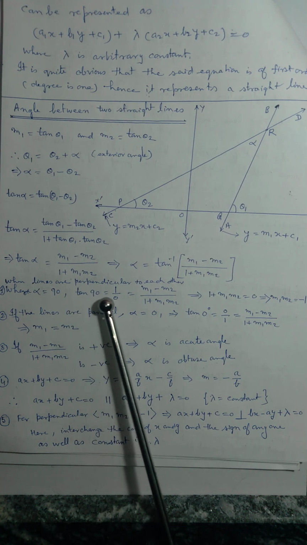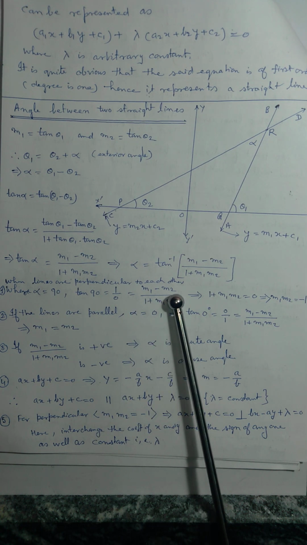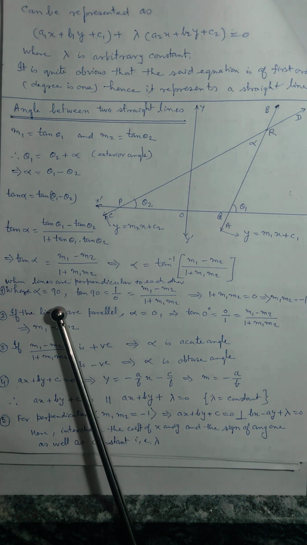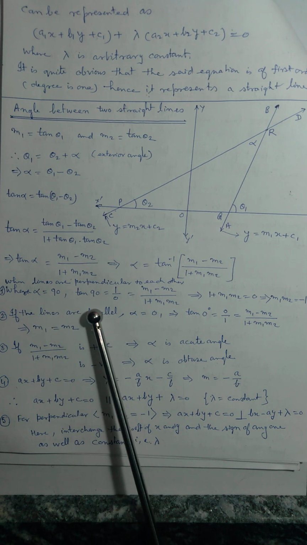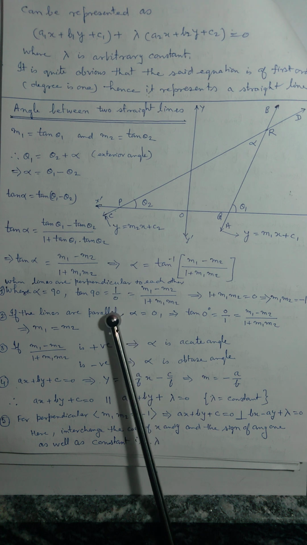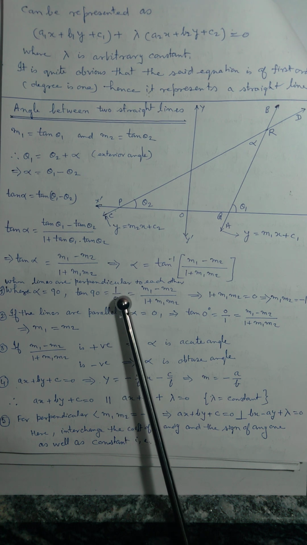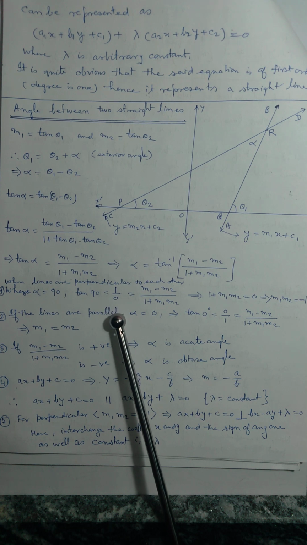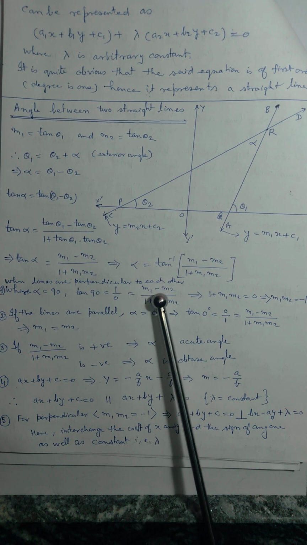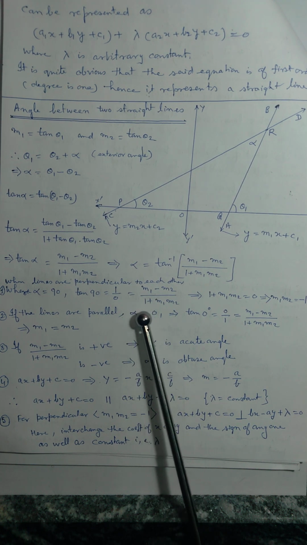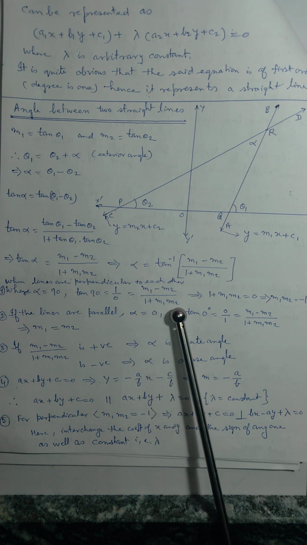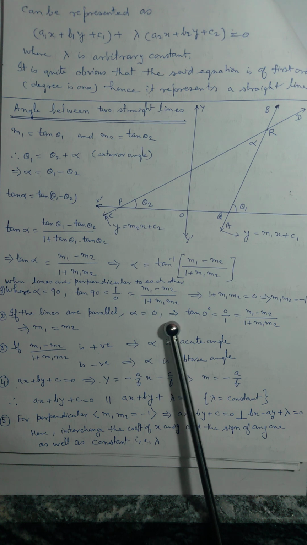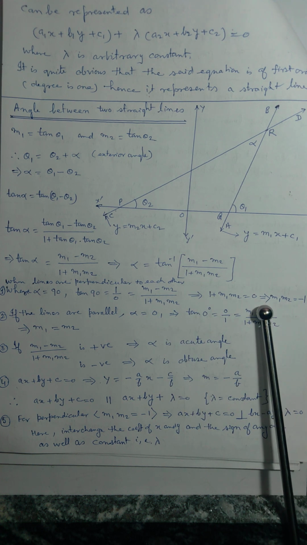When the lines are perpendicular to each other, what will be the situation? Alpha will be equal to 90 degrees, means tan alpha is equal to 1 by 0. Why? Sine 90 is equal to 1, cos 90 is equal to 0, so I have written here 1 upon 0. Now cross multiply it. So you will get 1 plus m1 into m2 equal to 0.